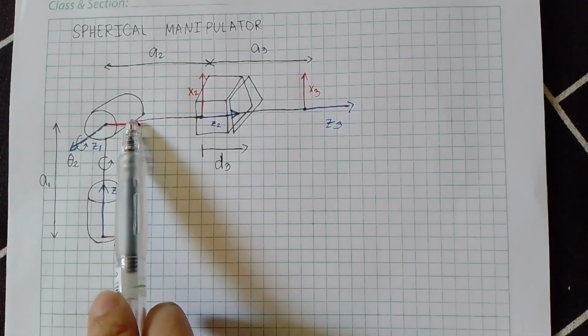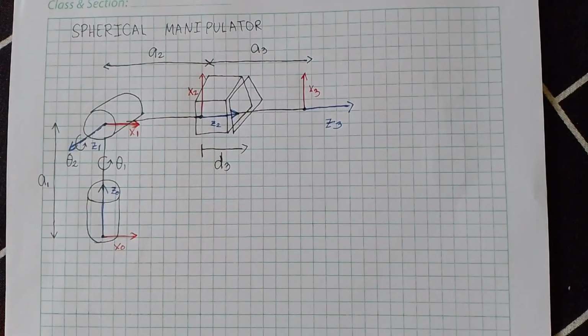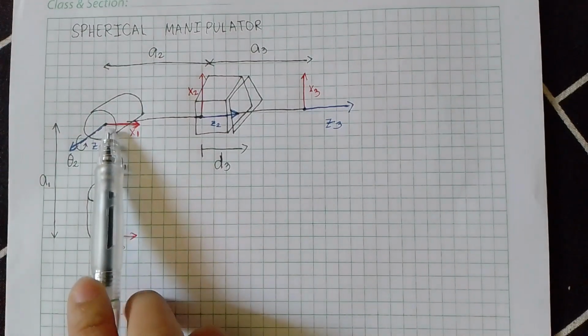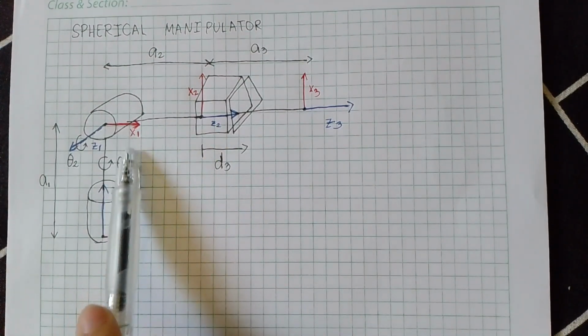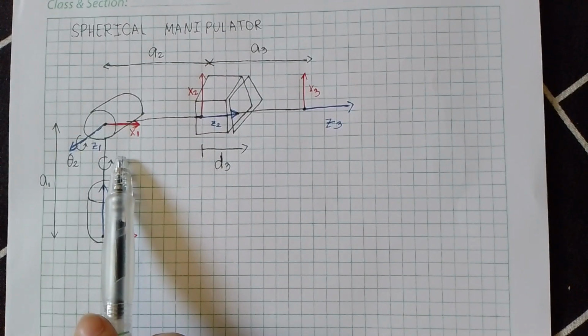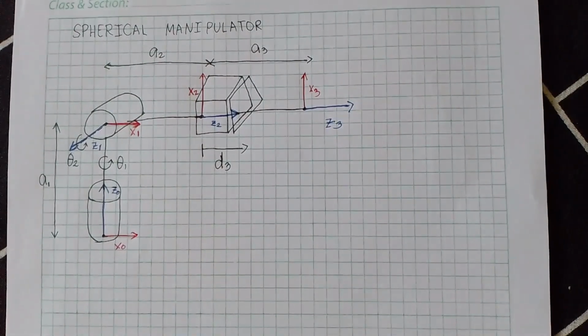In frame 2, we can see that x sub 2 does not intersect with the z-axis of the frame before it.